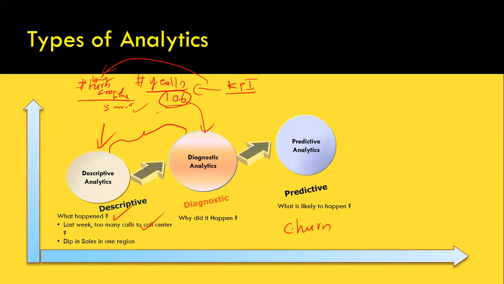you can talk to those customers before they leave your company and find out exactly the reason why they are not purchasing the products the way they used to purchase in the past. Also, the same thing, 106 calls. So call the customers and find out from them why they called 106 times, what issues they are facing, what their feedback is, what their suggestion is.